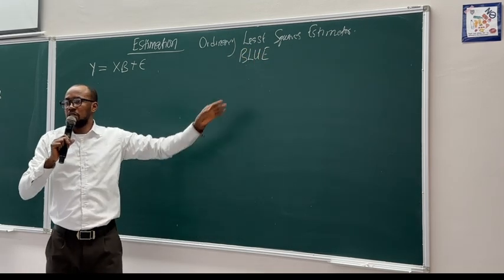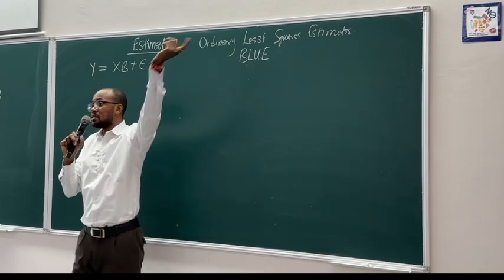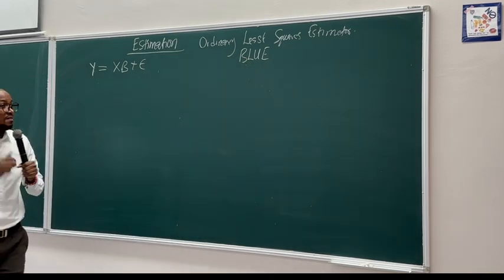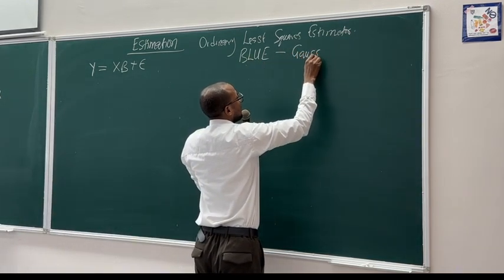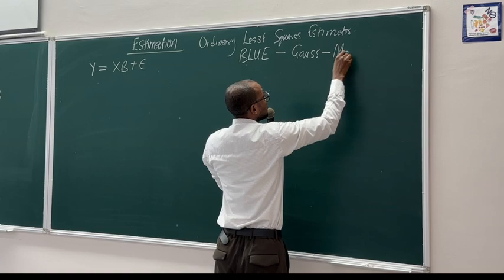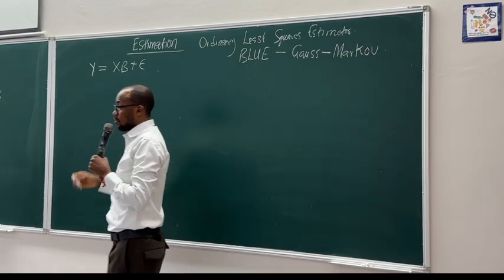So this is where the BLUE property comes in: best linear unbiased estimator. We're going to prove the Gauss-Markov theorem before we leave. Okay?